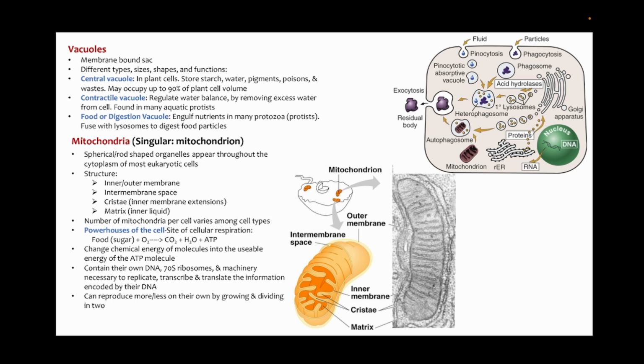So it has the inner membrane, the outer membrane, so you have the intermembrane space, and also the invaginations here are called the cristae, and the matrix is the inner liquid. Okay.